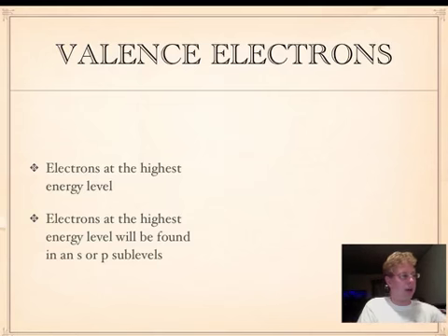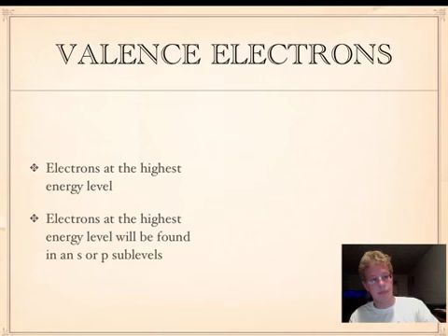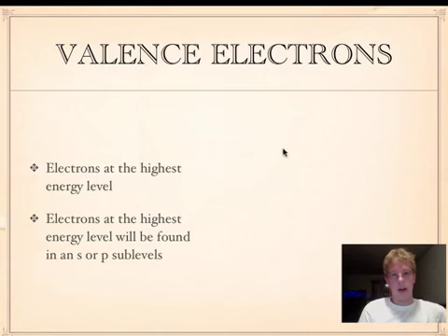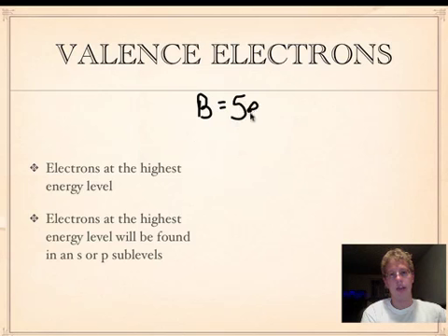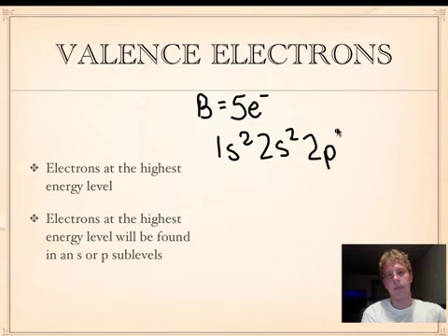But if we take, for example, boron, okay, and boron has 5 electrons. If I were to write out our electron configuration, it would look like this. And what we can get from this electron configuration is what our highest energy level is.